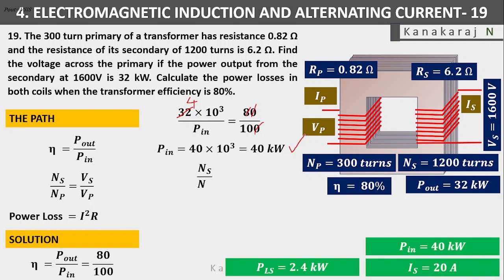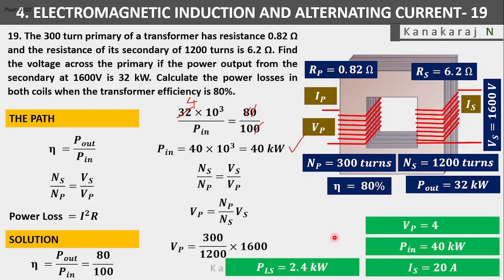So Ns by Np equals Vs by Vp. Substituting the values, we can find Vp, which is equal to Np divided by Ns into Vs. Substituting the value of Np, which is 300 turns, and Ns 1200 turns and Vs 1600 volt, it's also a simple calculation.